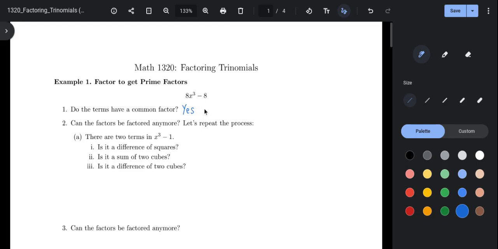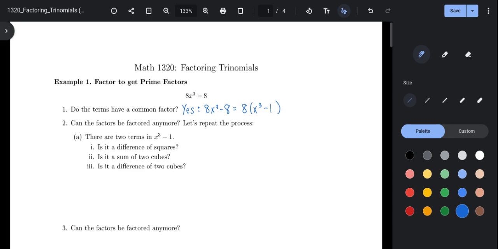And so when I rewrite this, we're now going to get 8x cubed minus 8 is equal to 8 times, well, 8 times what gets us x cubed? That's going to be x cubed. And then 8 times what gets us negative 8, and that's going to be a negative 1. So now we have successfully factored out the greatest common factor of our two terms.